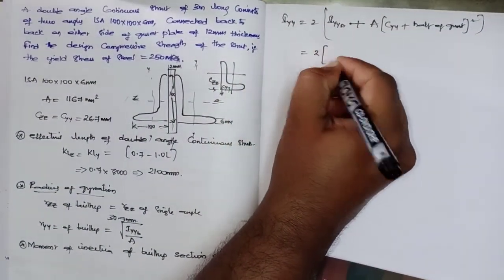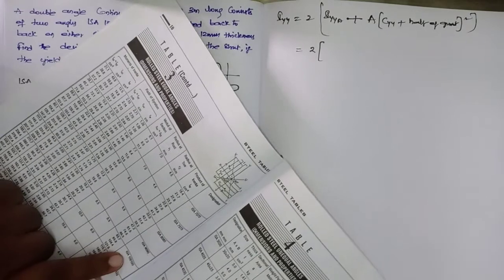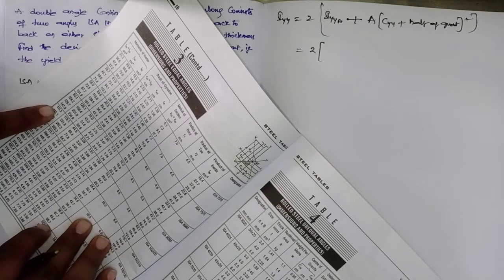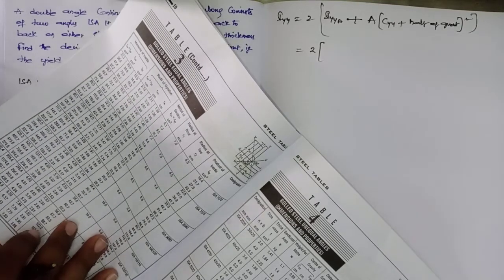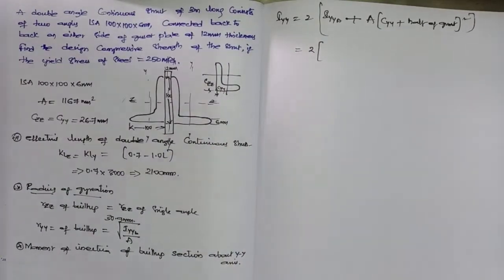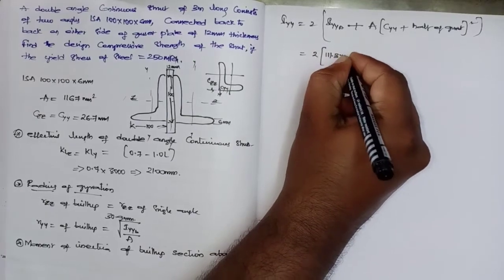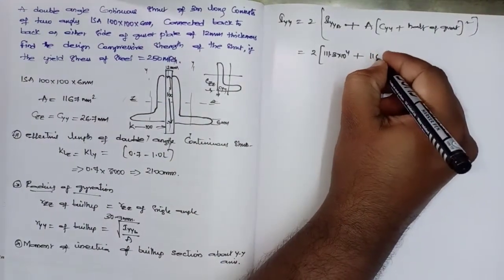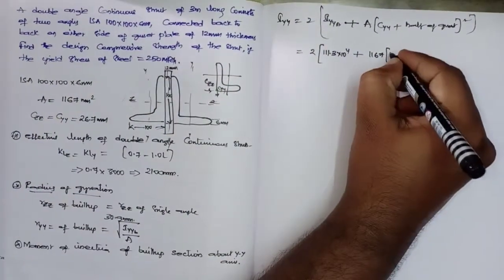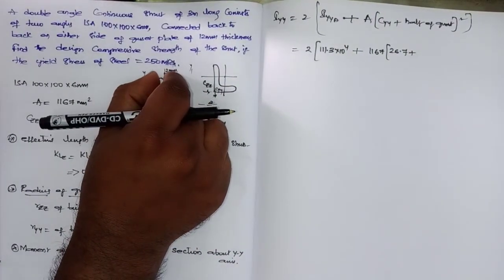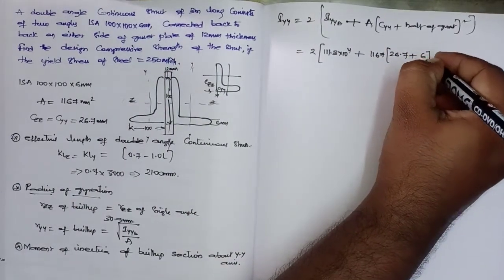Now Iyy of 100 by 100 by 6 mm is 111.3 into 10 power 4 mm power 4, plus area 1167 into (Cyy 26.7 plus half of the gusset plate thickness, 12 mm, half of it is 6) square.